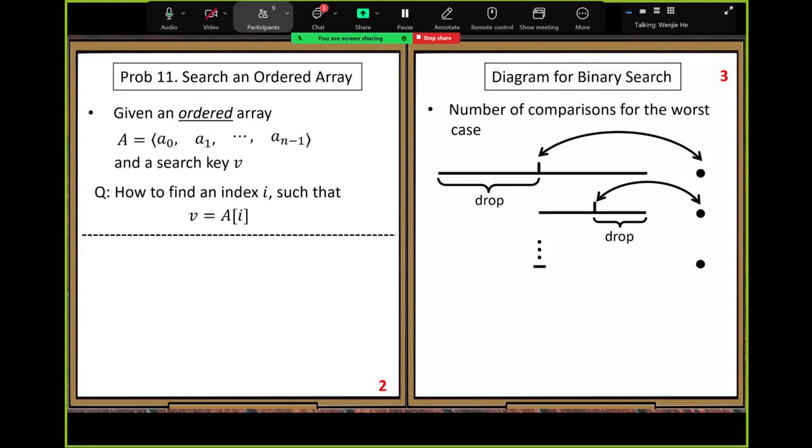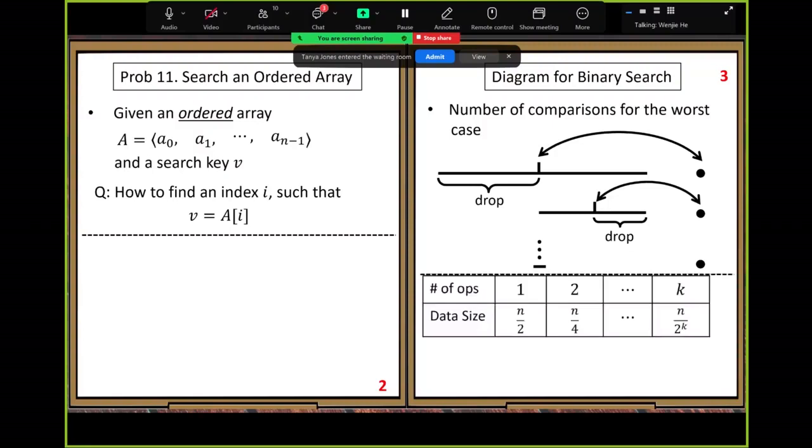We want to see which comparison is the last one. How to represent the last comparison? That's the challenging part: how to precisely estimate the last comparison.